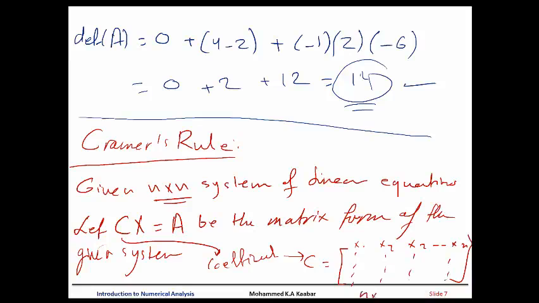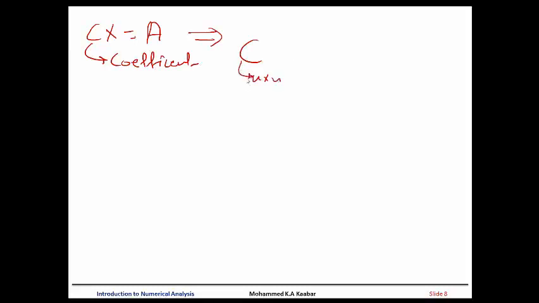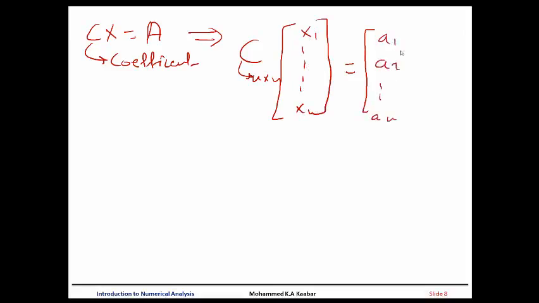Let me see, Cx equal to A. C, as I said, is the coefficient matrix, n by n, times x1, x2, x3 and so on up to xn, equal to the solution a1, a2, up to an, like this one.